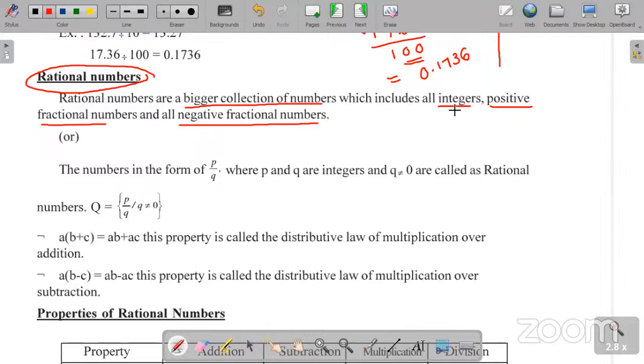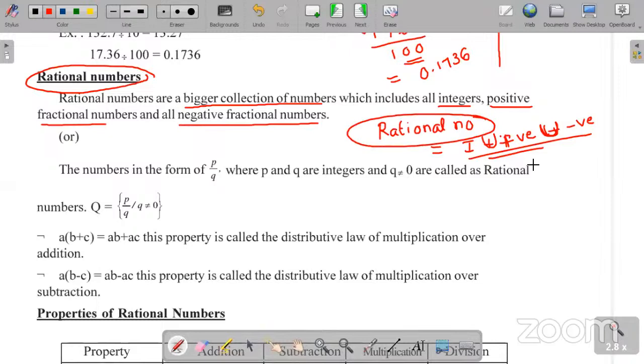Integers include natural numbers and whole numbers also. Rational number means integers plus positive fractional numbers plus negative fractional numbers. Generally we write the union mathematically. Union of all these gives us the rational numbers.